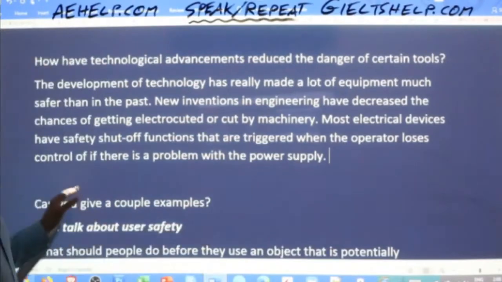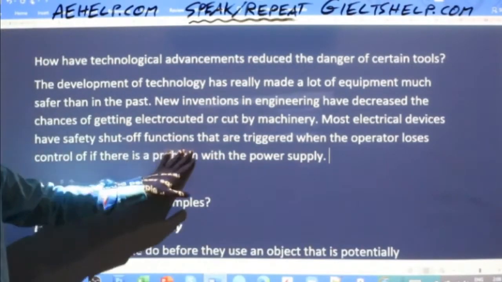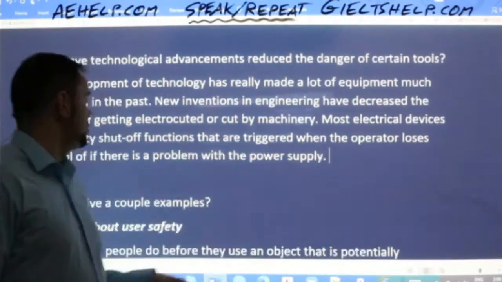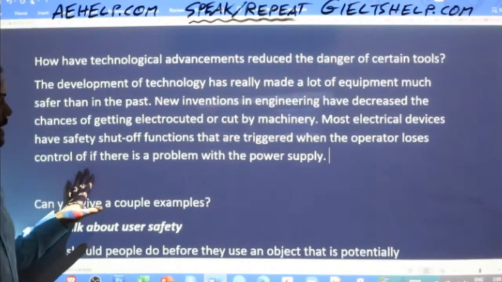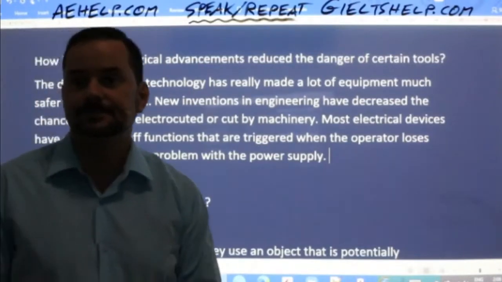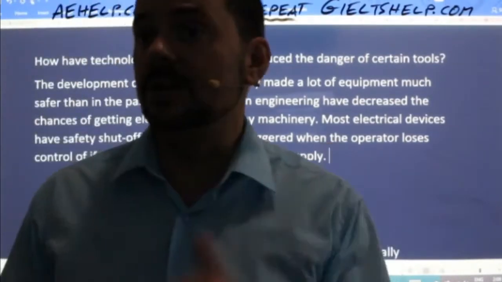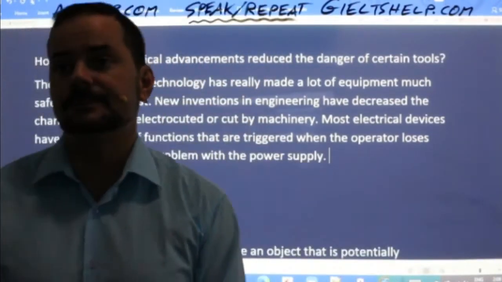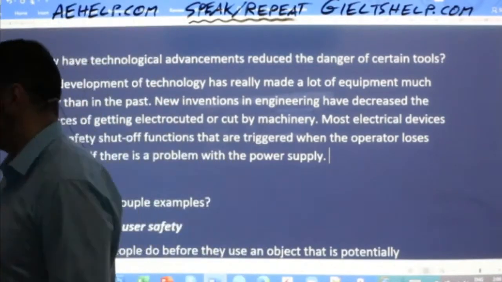Most electrical devices have safety shutoff functions that are triggered when the operator loses control of it. Or if there's a problem with the power supply. Okay, all right. And there I used the present perfect twice. Okay, good, good, good.